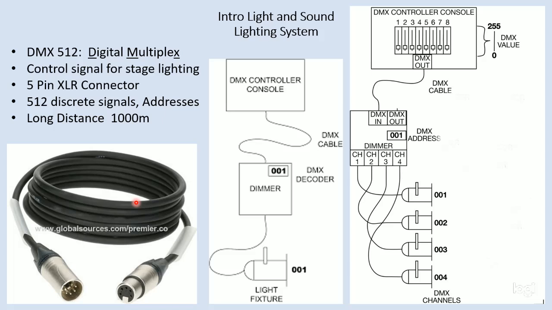That's more than 3,000 feet, 3,000 yards, so 9,000 feet. So we can run around a football stadium with DMX if we need to, and some people do, right? So this is our simple DMX system, right, with our DMX controller and dimmer that then outputs to our light.